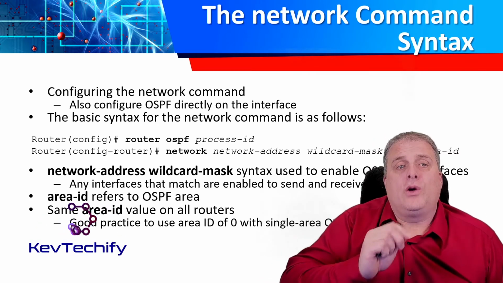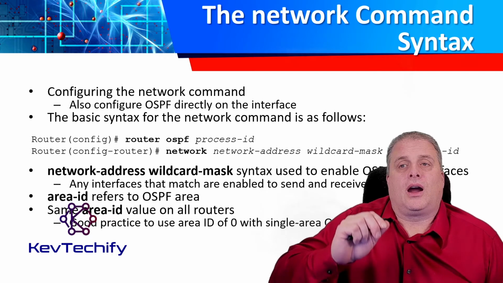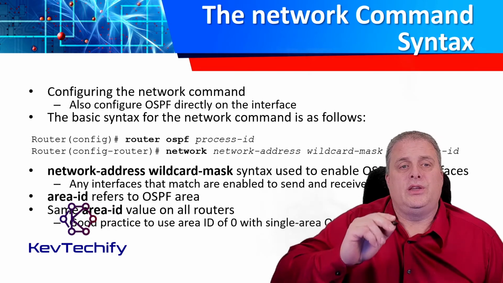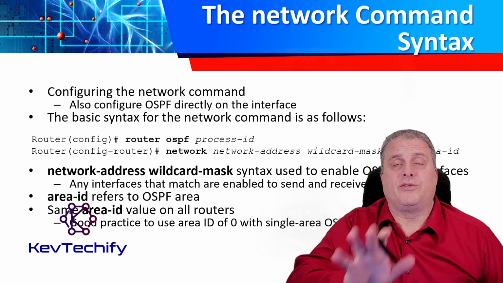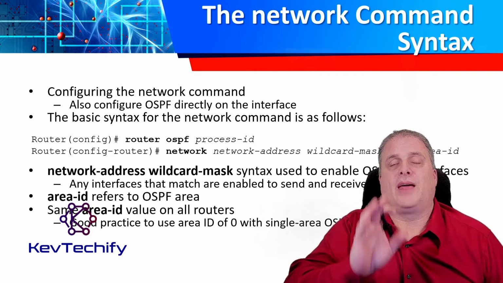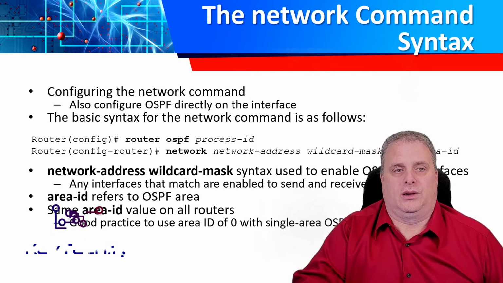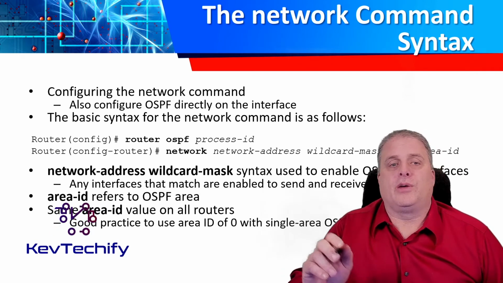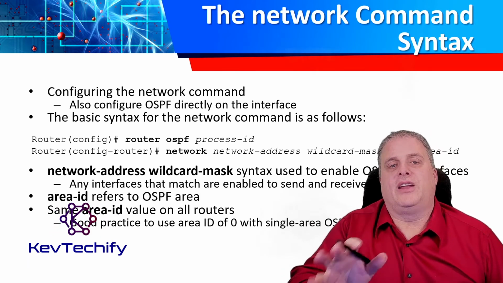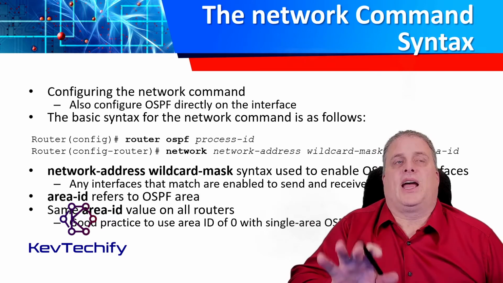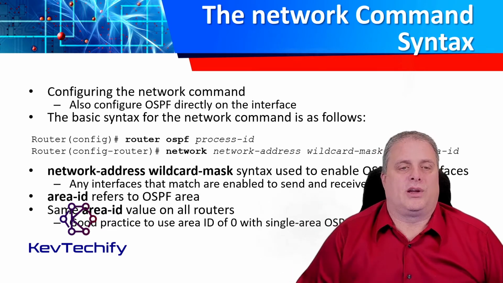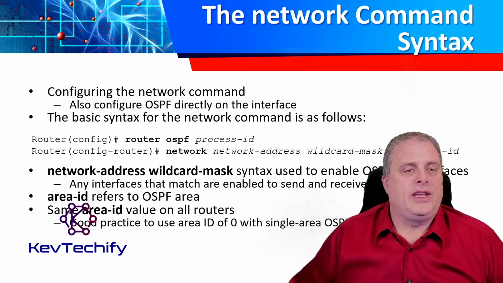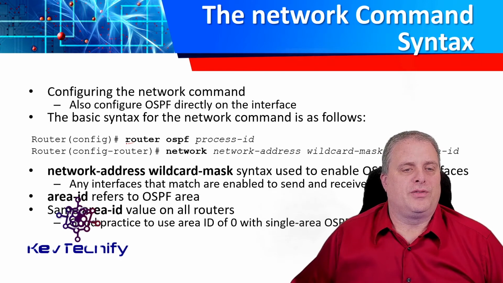Now, how we go about and configure our interfaces is we use the network command. In OSPF, we configure those interfaces that belong to that point-to-point network. You can use the network command, or you could go into that interface directly and use the ip ospf command. Basic syntax here for the network command is you have to get into the configuration of your routing settings.